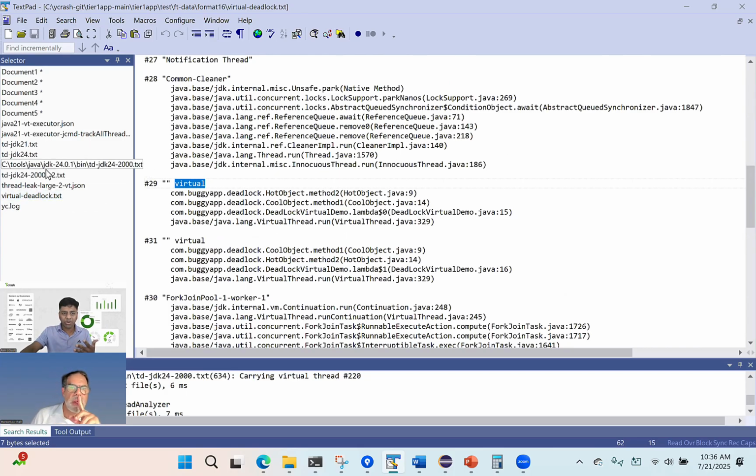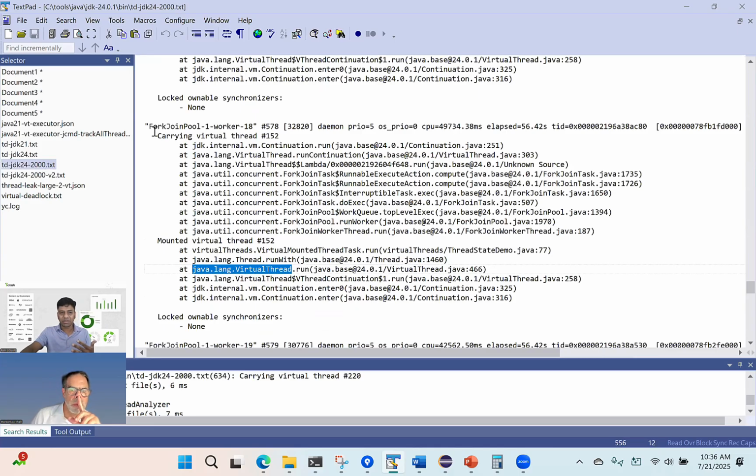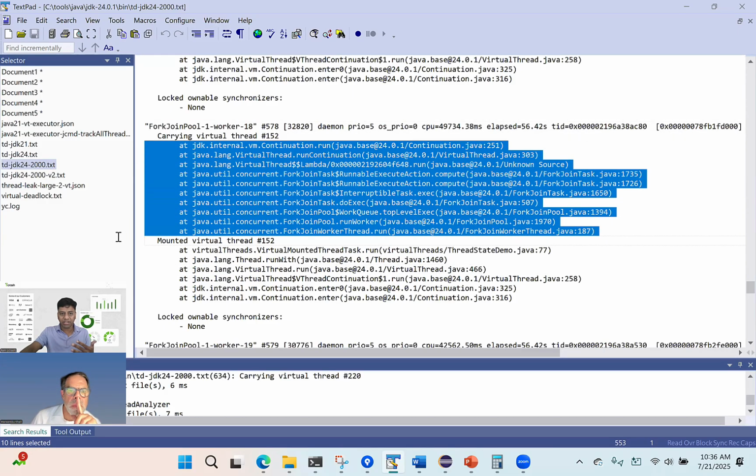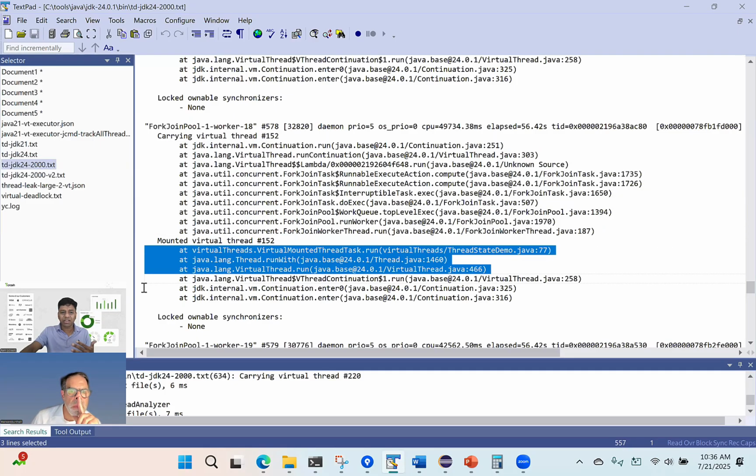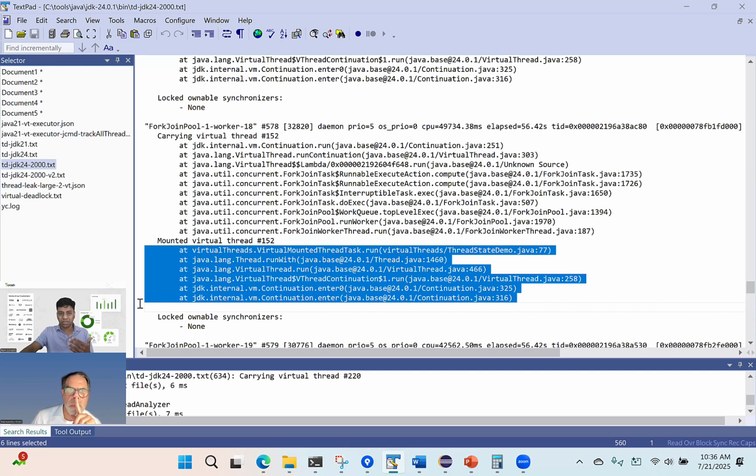But now in JDK 24, it's getting better. See here they are saying this is that platform thread, and this is the stack trace of the platform thread. And it says it has mounted this virtual thread, and this is the stack trace of the virtual thread execution. So this is a very good step forward.